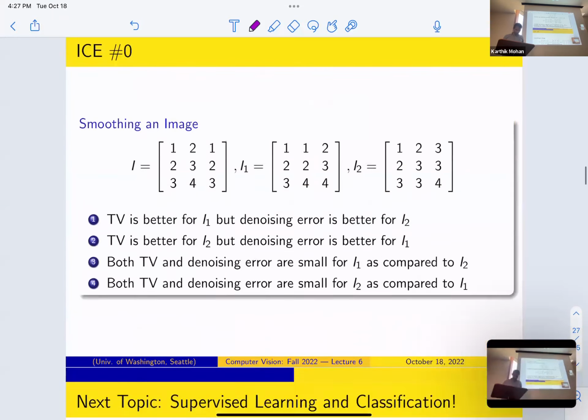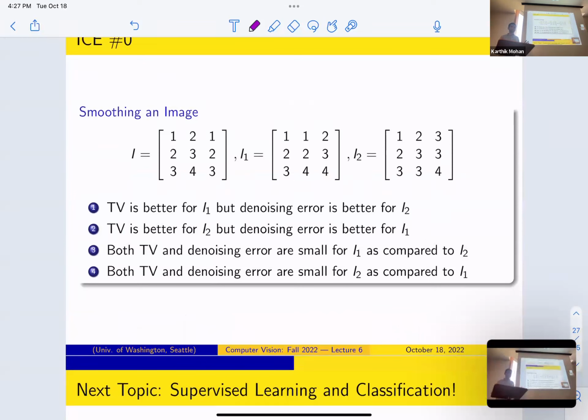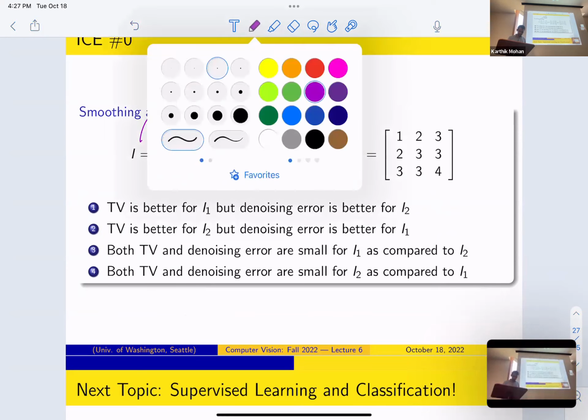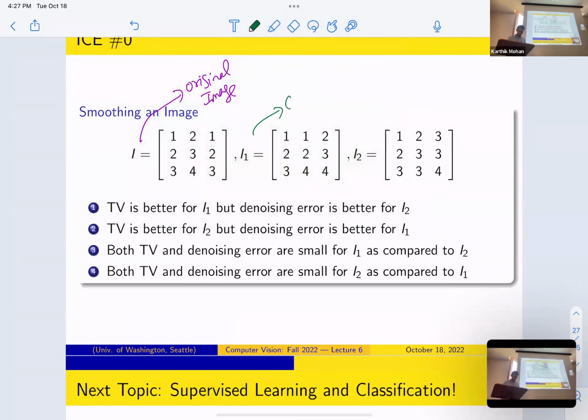So I put it all in one place. So you have, this is your original image. And this is candidate 1. And this is candidate 2. So these are candidates for smoothing.